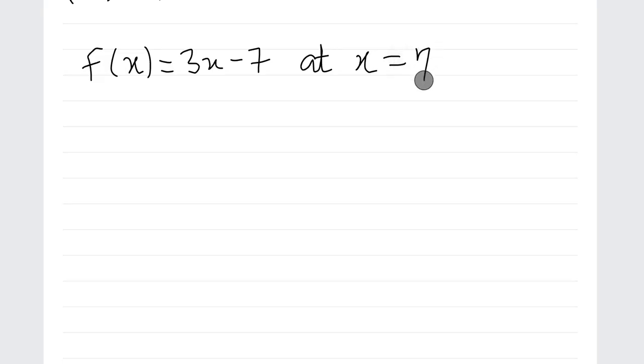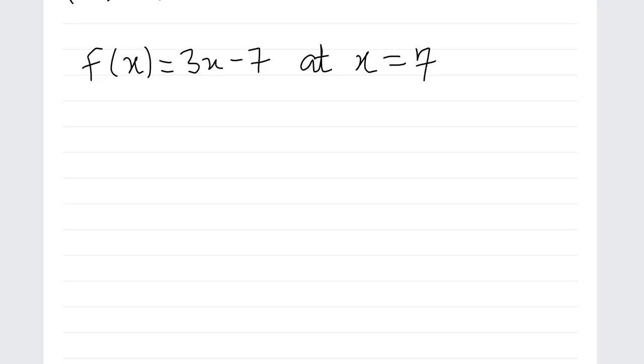Check if f of x given by 3x minus 7 is continuous at x equal to 7. You want to check if the function is continuous.